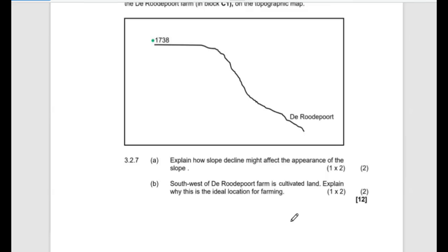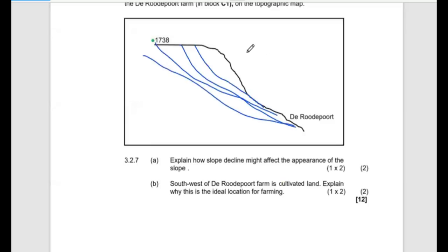When a slope is declining, the feature like here, we are saying the landform is gradually reducing. At the same time, when the slope declines, the area is going to become lower and lower. The terrain is increasingly getting lower. At the same time, the higher lying landform is also getting lower.